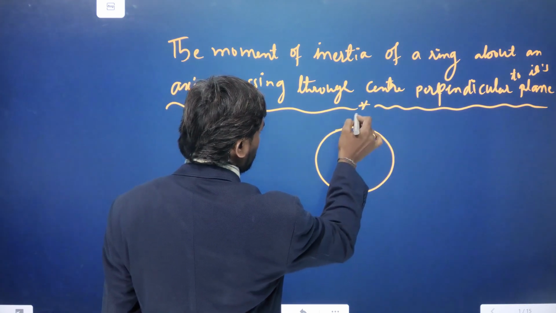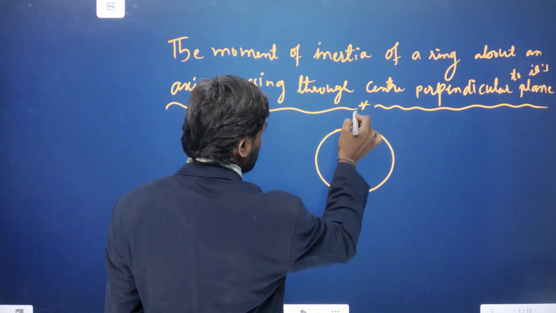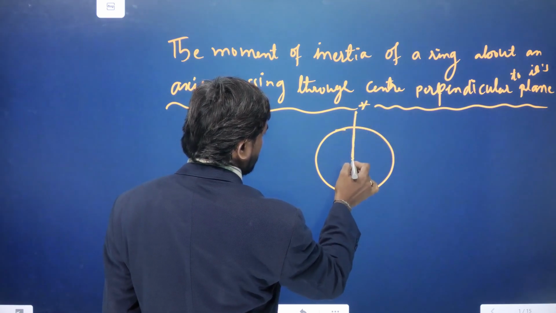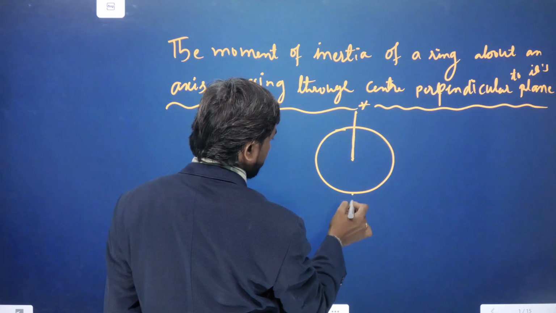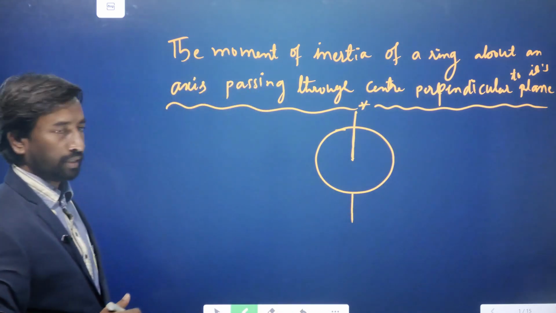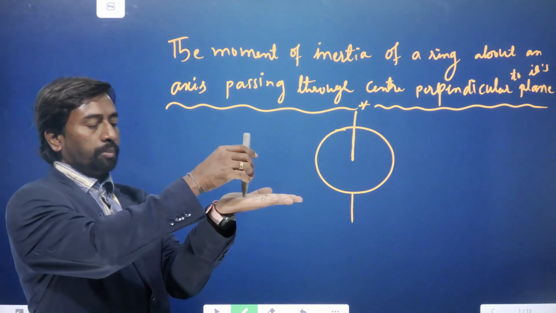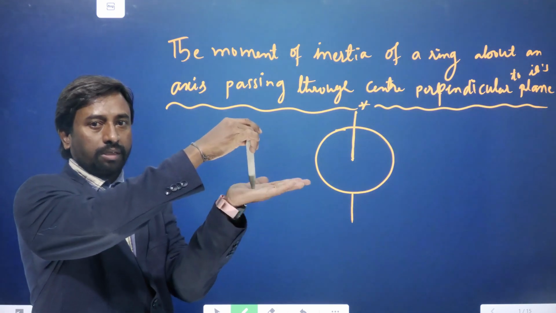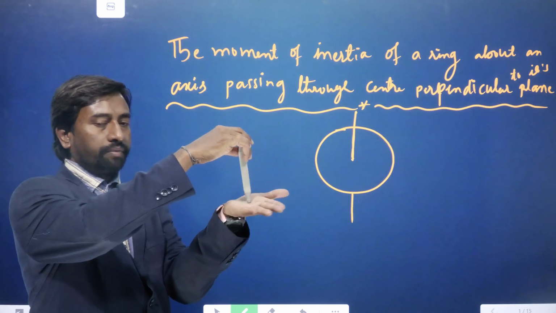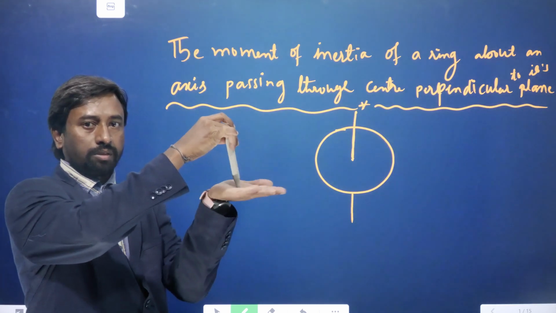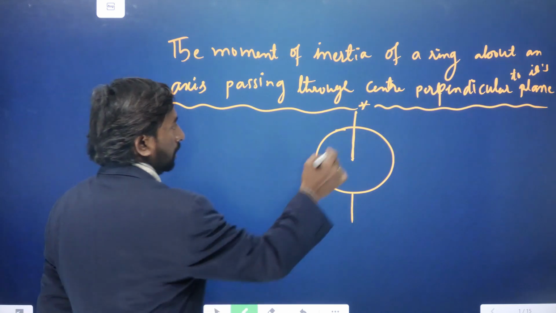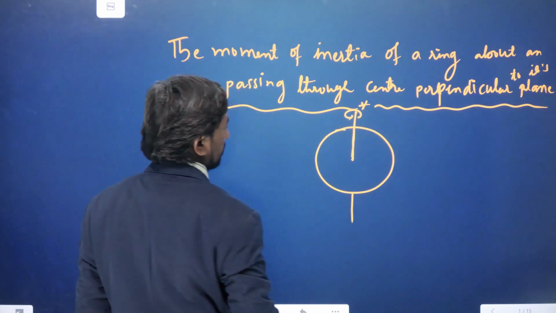Now it is rotating about this axis, perpendicular to its plane. The plane of the ring is perpendicular to the axis, and it is rotating about this axis.